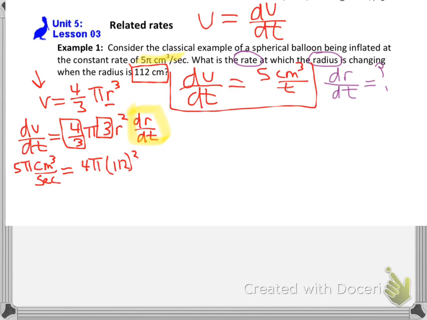And then I'll change colors here, to keep it straight. We have our dr/dt, which is what we're trying to solve for. Okay, so all we're going to do is, well, I didn't put my units in there for my radius, but it's going to be in centimeters. See if I can erase this without doing too much damage.